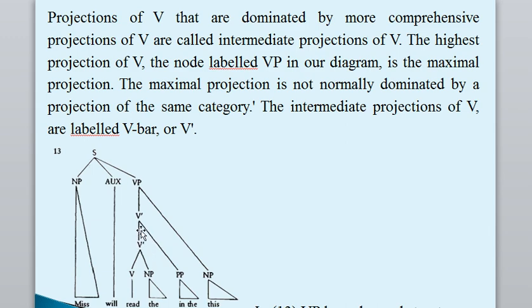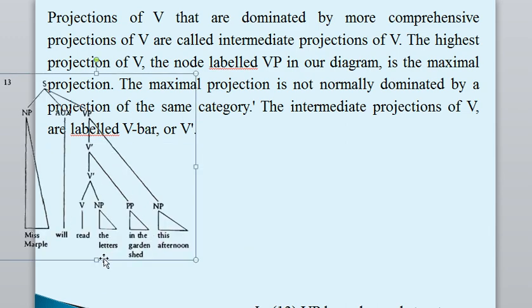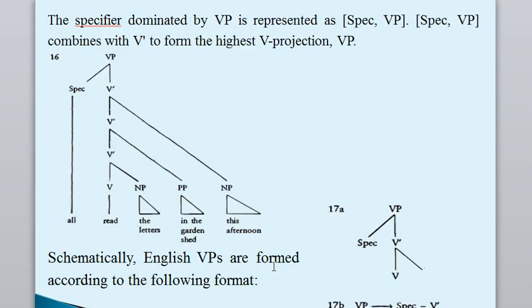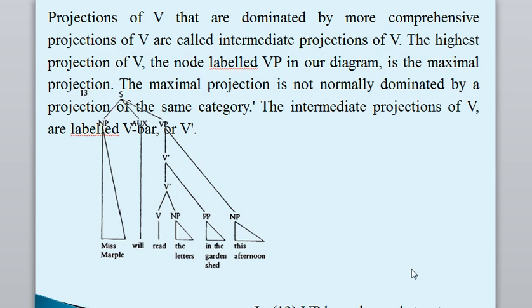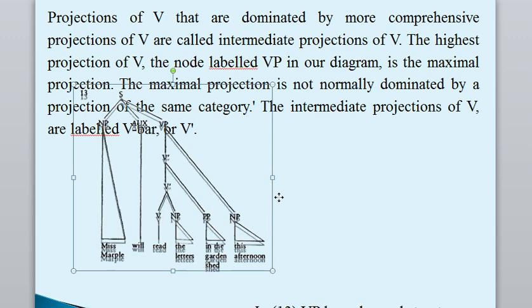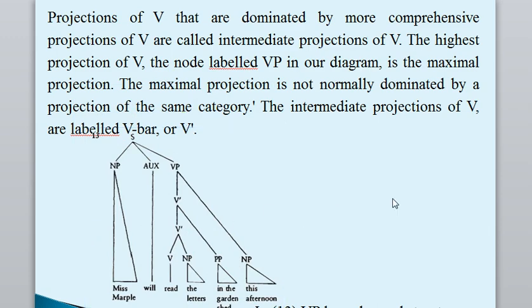Then this V1 bar in the second layer combines with the PP and produces the second layer of VP, you see here, and again you see here the V1 bar combined with the last NP in the third step, and we produce a VP.